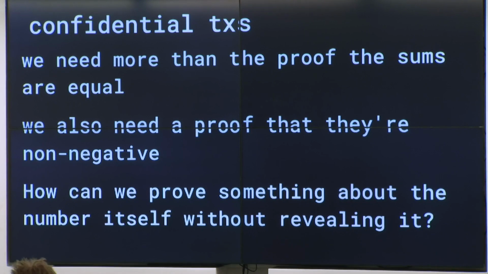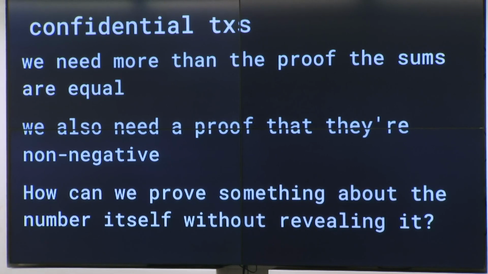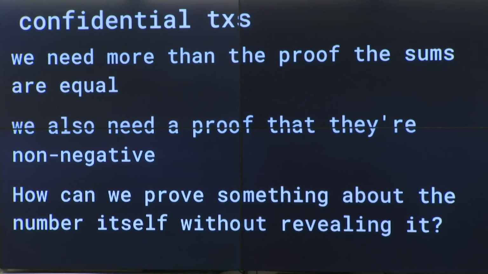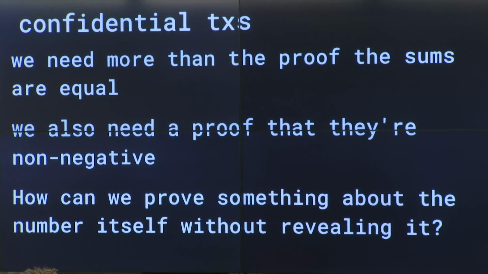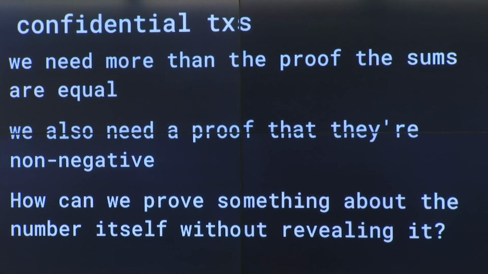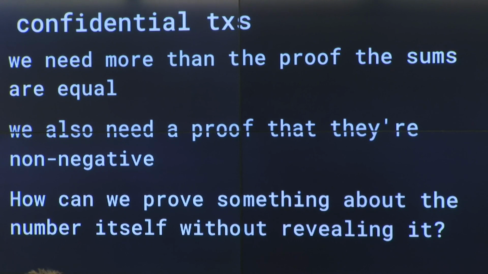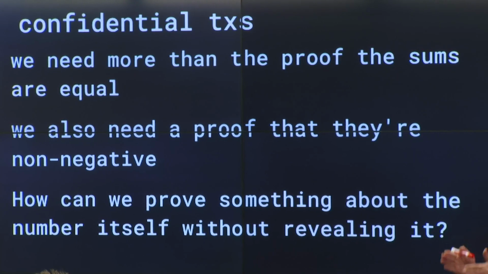How can we prove something about the number itself without revealing it? This is an even trickier problem because before we wanted to prove a sum, right? We wanted to prove that, okay, z equals x plus y. But I don't want to tell you what x plus y is, but I'll tell you what z is. That was proving a relation between these numbers. This is just proving something about that number itself, individually, right?